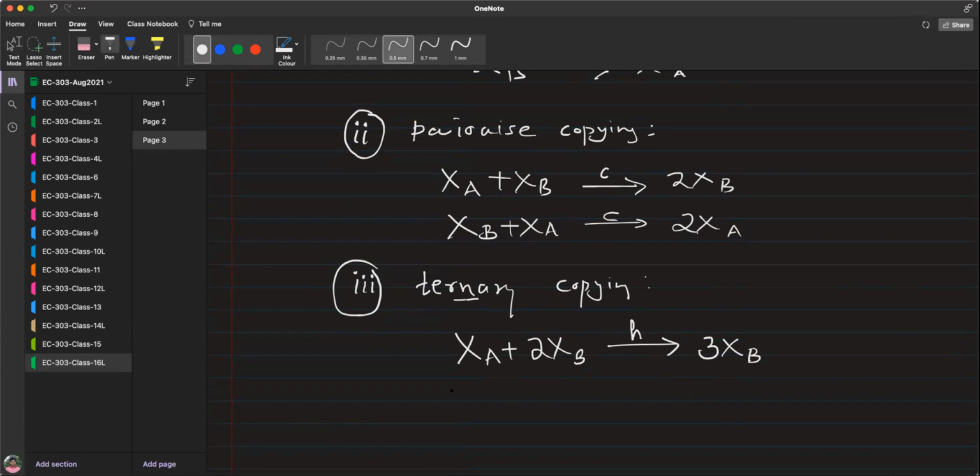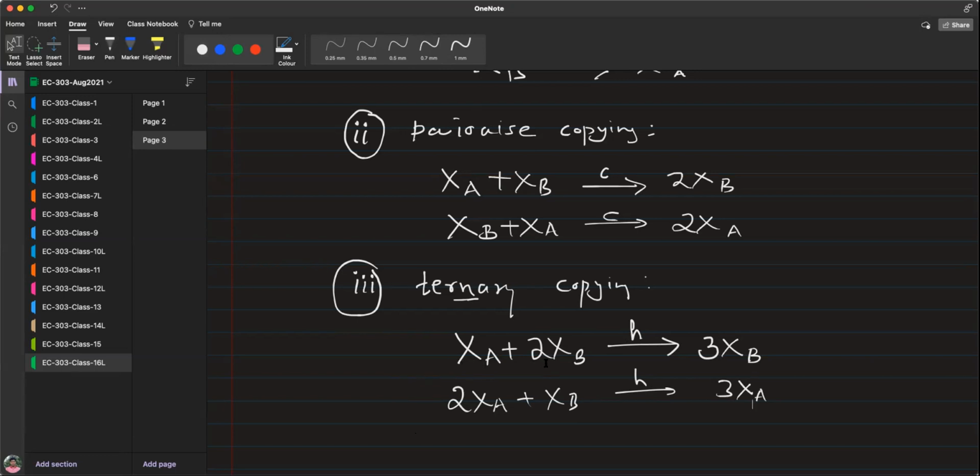You can also write this the opposite way, by the way: 2XA plus XB also becomes 3XA. So in addition to pairwise copying, individuals can also interact in a ternary way, three at a time. And in such a case, one way to put this in words is that a minority turns towards the majority.